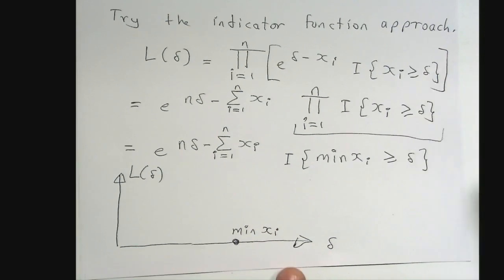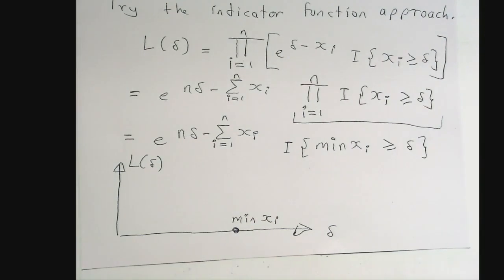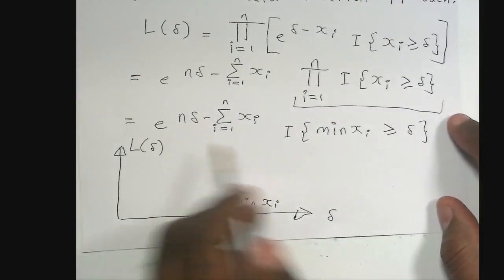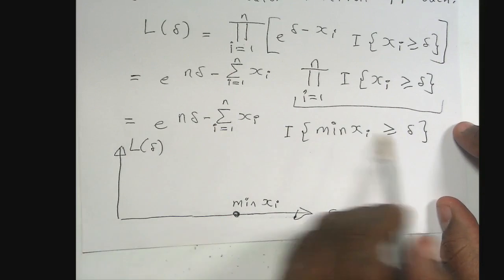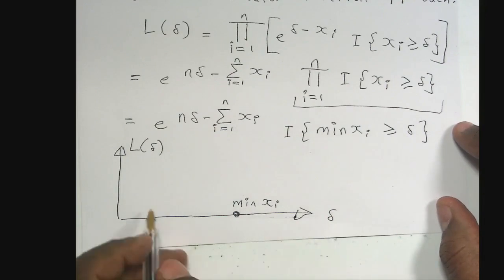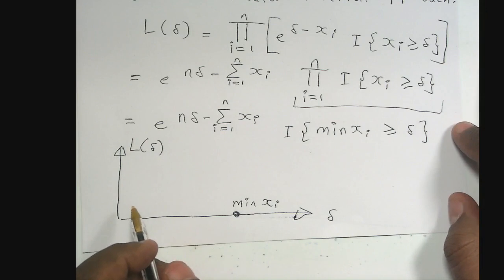Now, how do you think the graph will look like? Just tell me, guys. You are the experts in calculus. You probably know more than me. You should draw a graph of this versus delta.